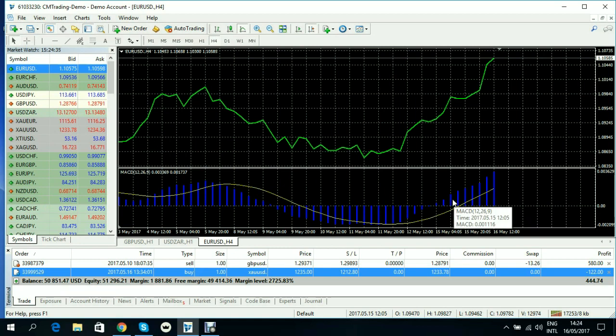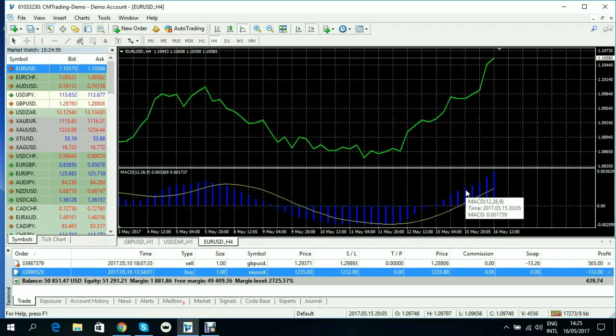The more the bars continue to increase and stretch up, like the first, the second higher than the first, this higher than this, higher than this, higher than this.